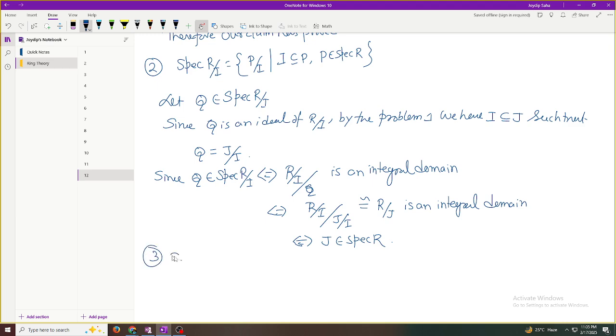Three. Similarly, for a maximal ideal we write field, not integral domain.